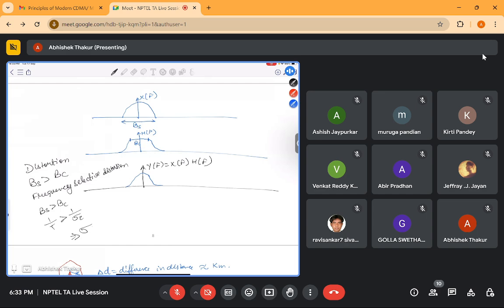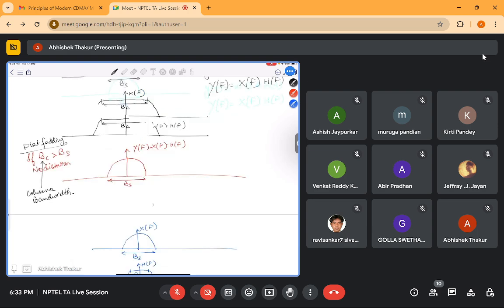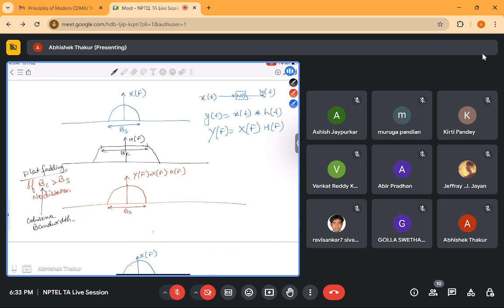This implies that the delay spread is greater than the time duration of the symbol. So it's implied that the ISI will occur. But in flat fading, there will be no ISI because 1 by sigma tau is greater than 1 by T. So T is greater than sigma tau. So there is no ISI.